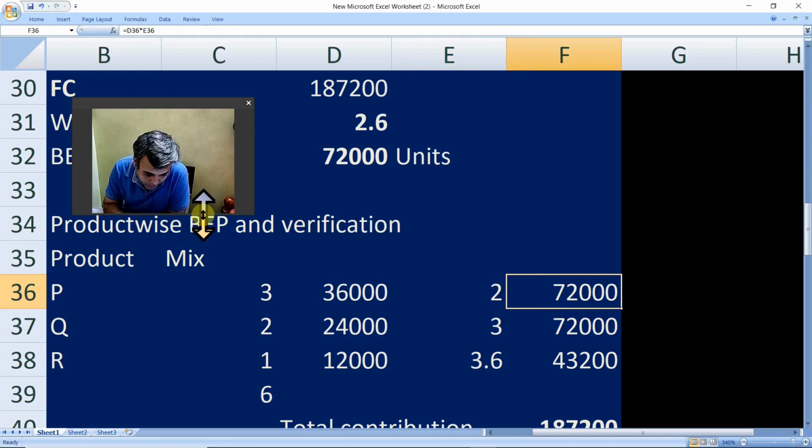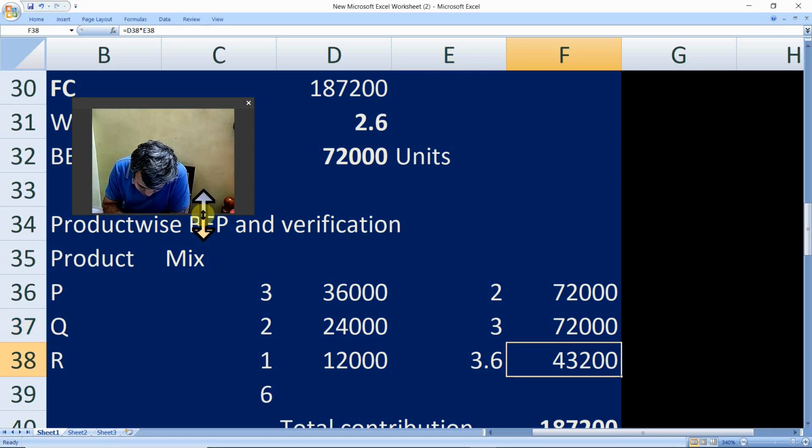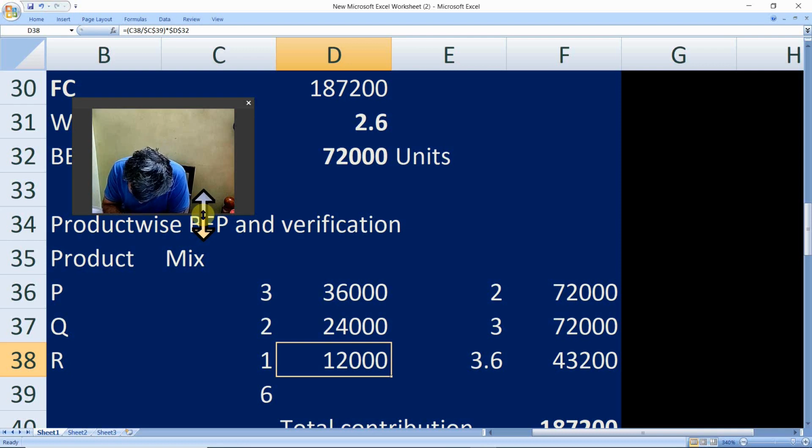So if you multiply it, what happens? If you multiply it, the numbers become 36,000 into 2, 72,000, and 24,000 into 3, 72,000, and 12,000 into 3.6, that makes it 43,200.